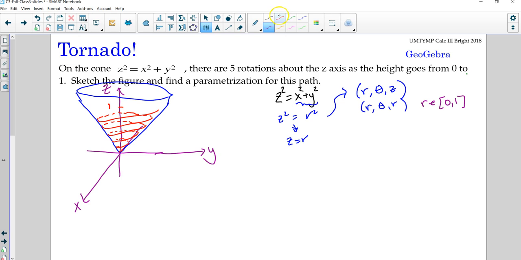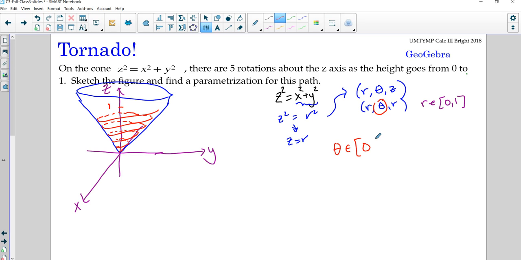All right, let's stop though. So if I want to look at theta, right? Well, let's think about the values that theta will take on. Well, it's going to certainly start at 0, but then we wrap around this cone 5 times.